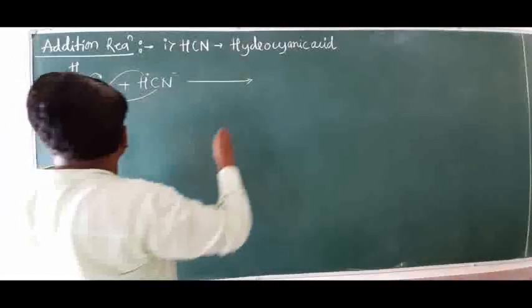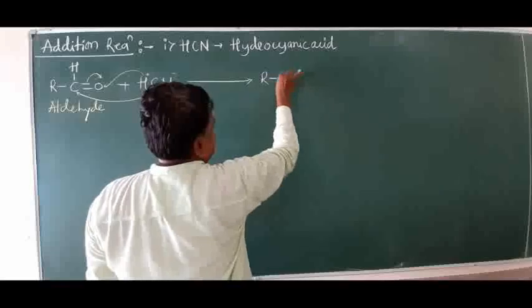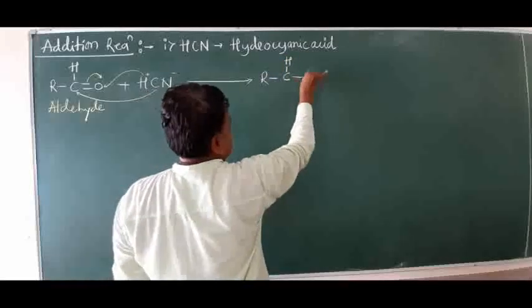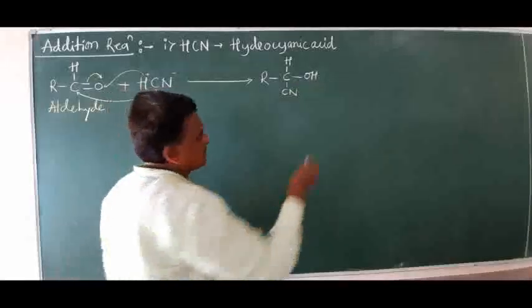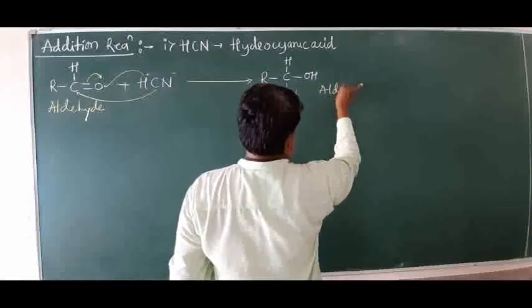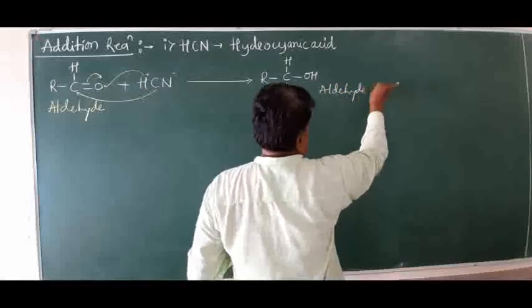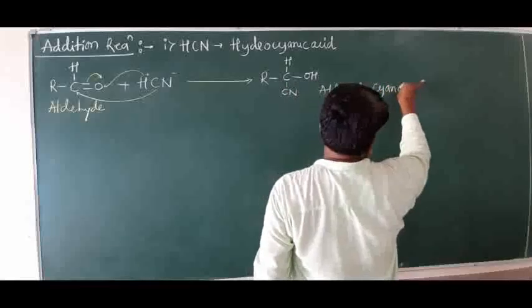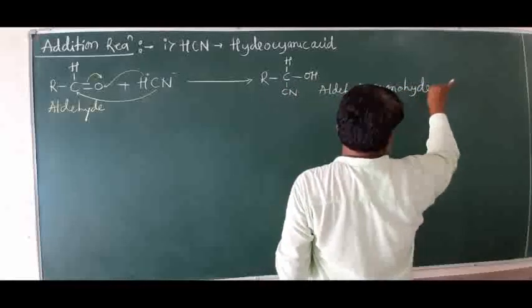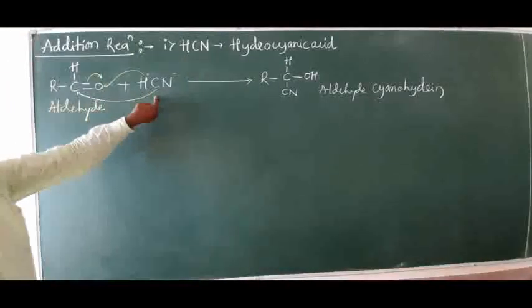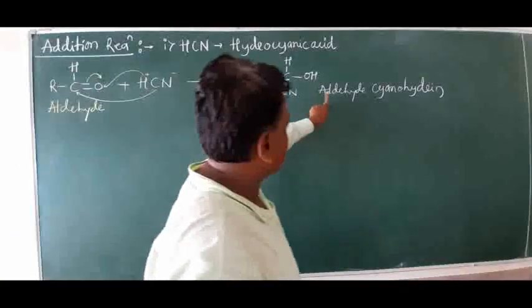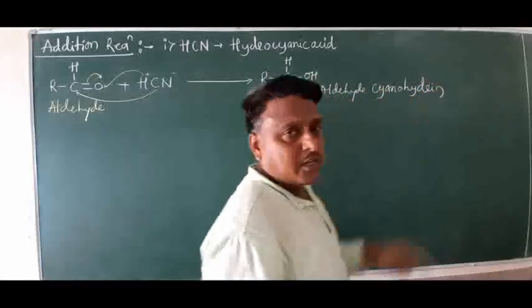Then our product becomes RCH, as it is, OH and CN. Name of this compound: aldehyde cyanohydrin. I repeat, when an aldehyde reacts with hydrogen cyanide, the addition product is called aldehyde cyanohydrin.